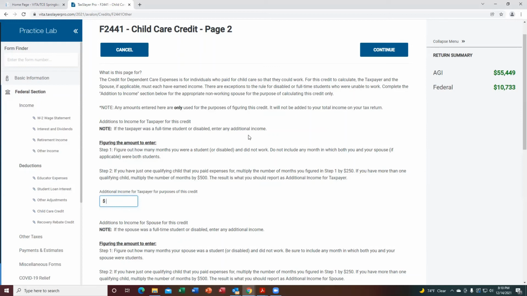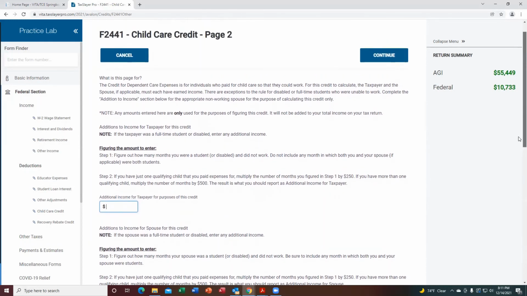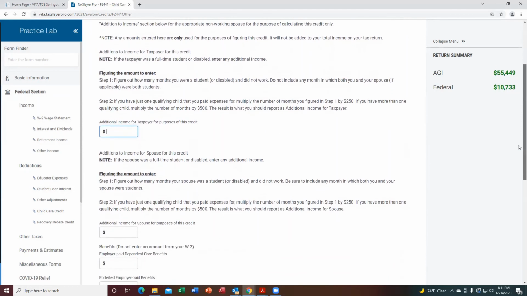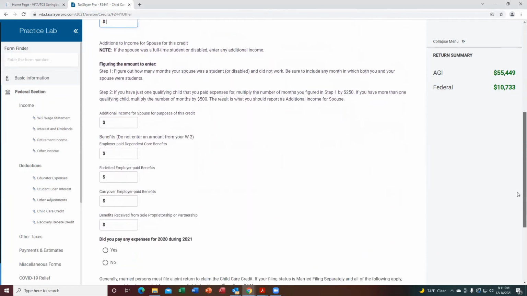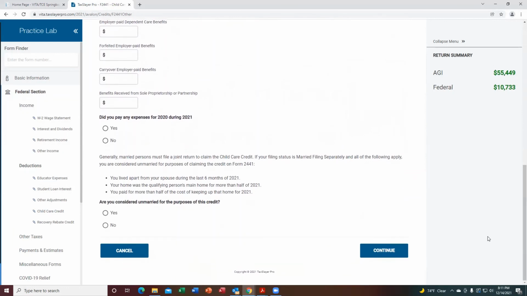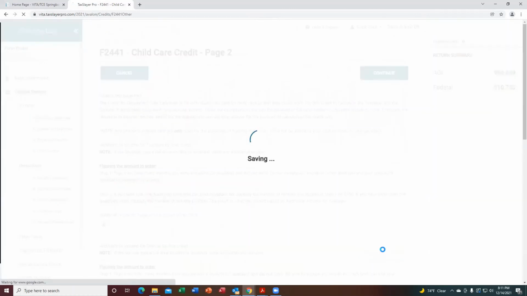Well, it allows to have a source of earned income if you are taking classes in higher education, you're in school or so forth. And so you can come in here and put in the amount that would be considered earned income. The child care credit is also driven by having a source of earned income. And so that's the reason of the second page. And so for them, we're gonna leave it blank. So I'm gonna continue here.